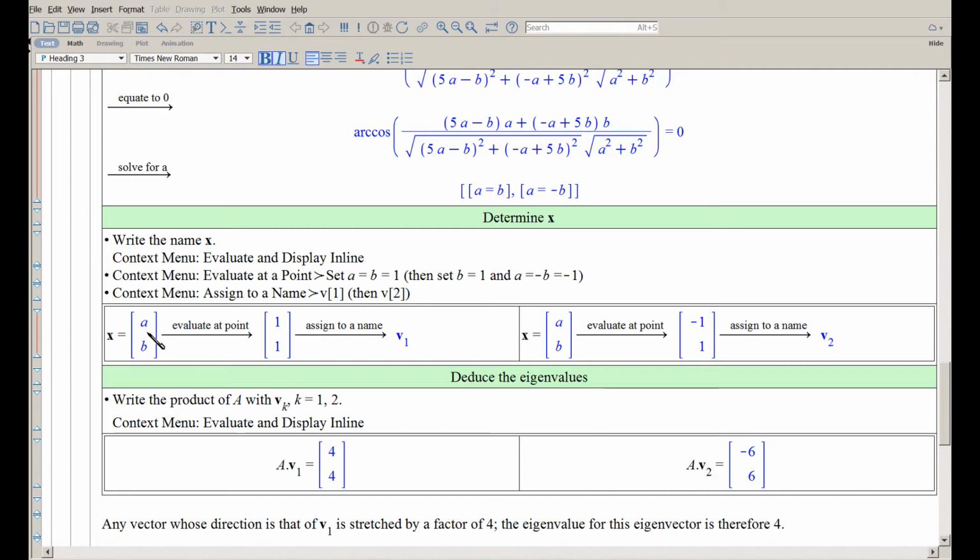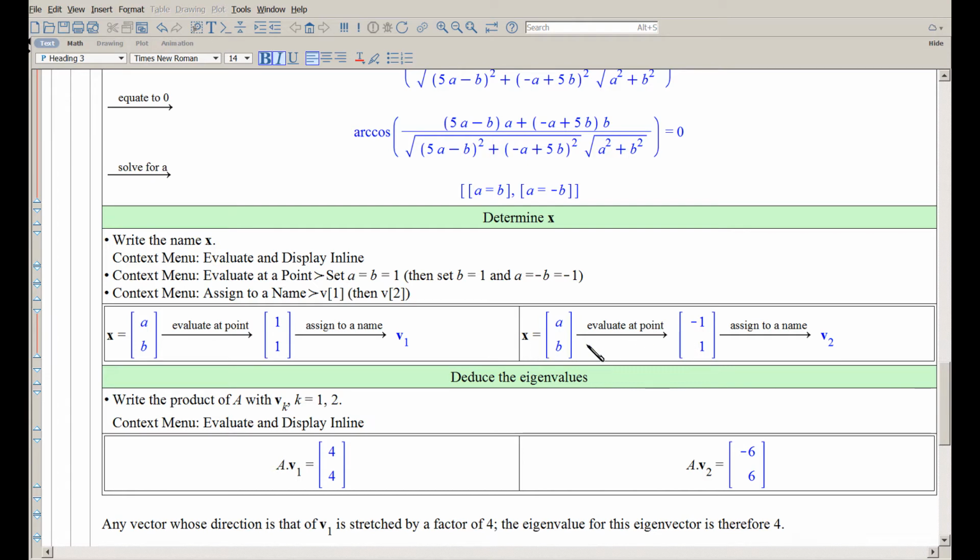Do a control equal, which is what this is equivalent to, and select evaluate at a point, and I set a and b equal to the same thing, and I have set it equal to 1, so I get 1, 1, and I'll call that v1. And if I set a equal to negative b and let b be 1, then a will be negative 1, and I'll call that vector v2.